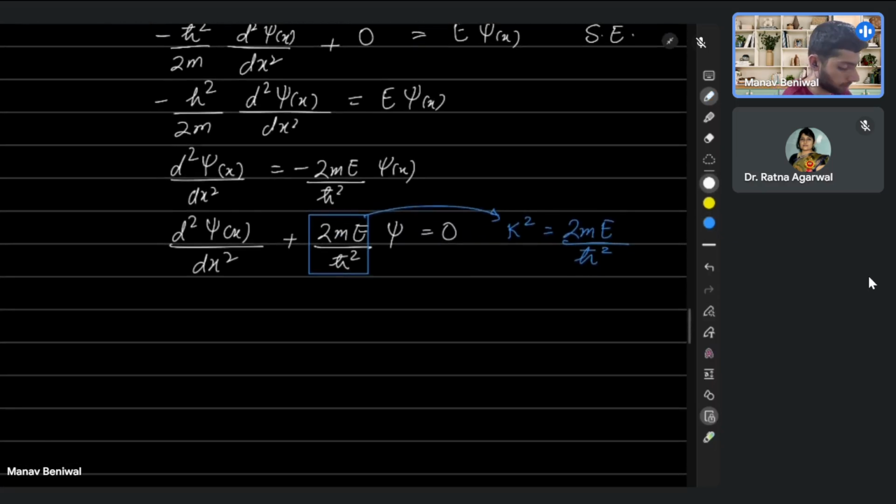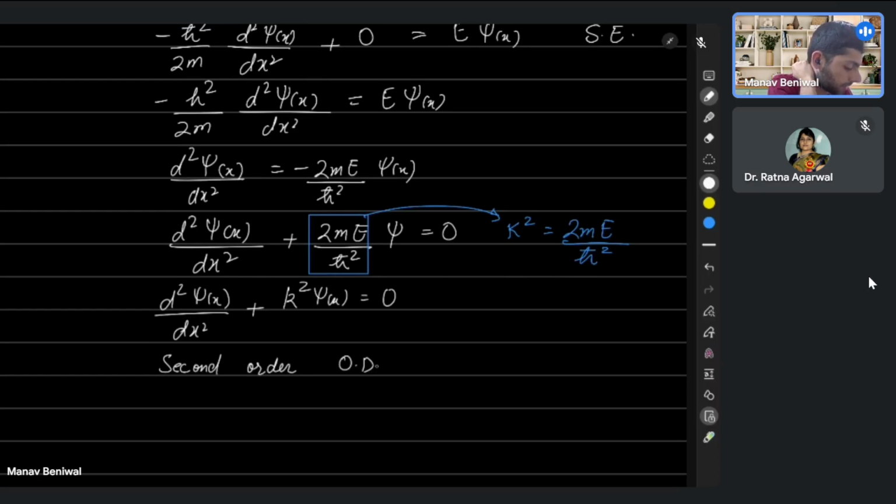Then our equation becomes d2 psi of x over dx squared plus k squared psi of x is 0. Now this is a second order ordinary differential equation.